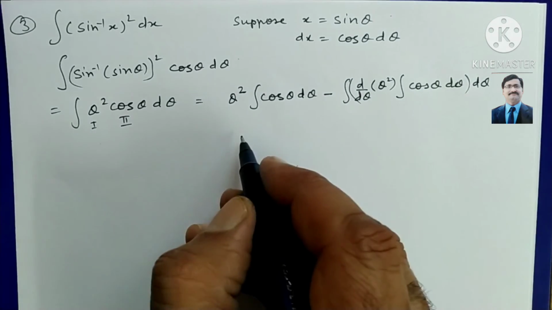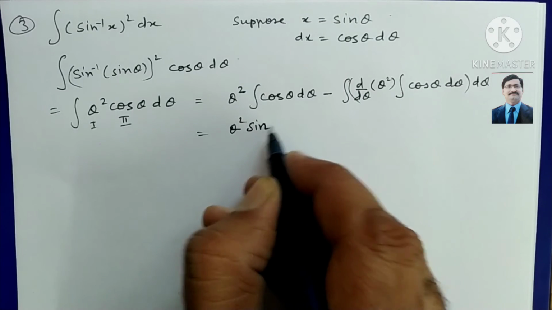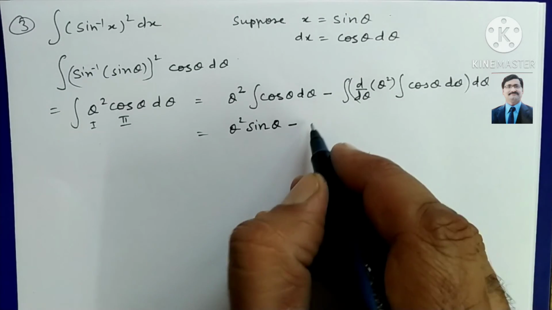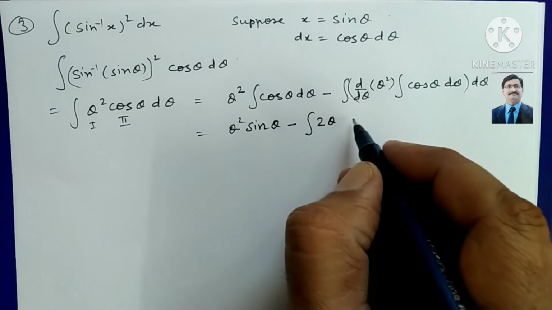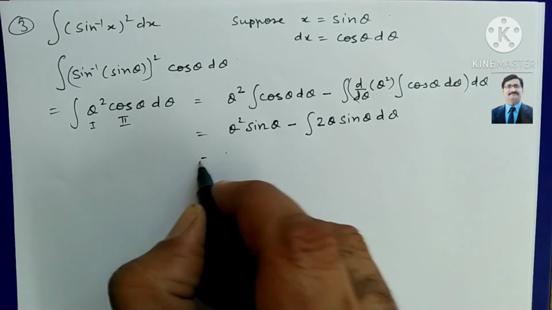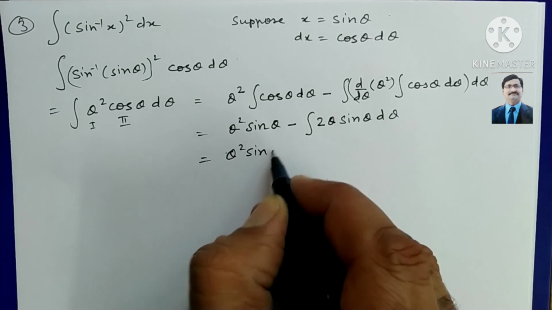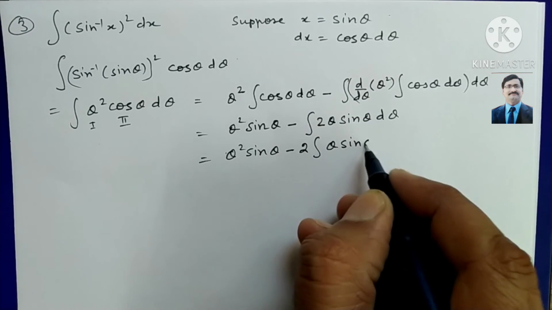Okay, now look here, we get cos theta, the integral is sine theta, minus integral, this theta square differential is 2 theta, and here is sine theta and d theta. These two we take outside, and again we will use the formula for theta and sine theta and d theta.